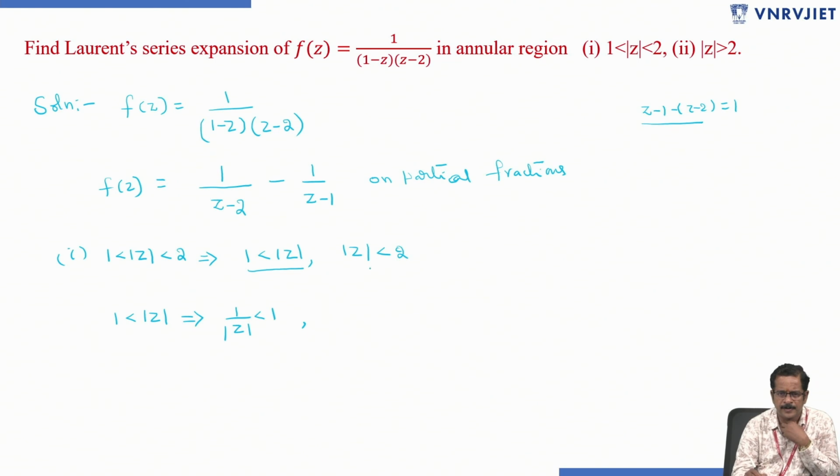Next, mod z less than 2 means mod z by 2 less than 1.